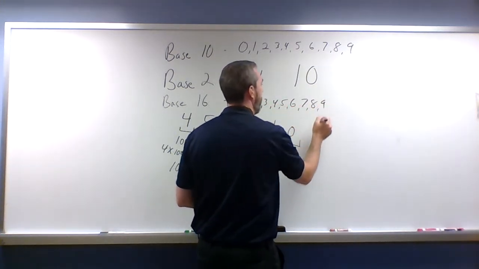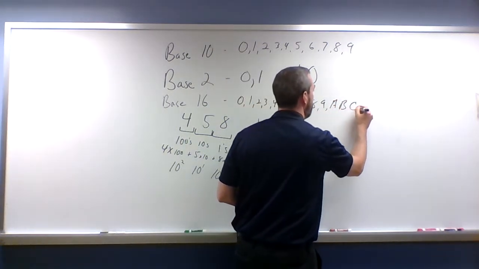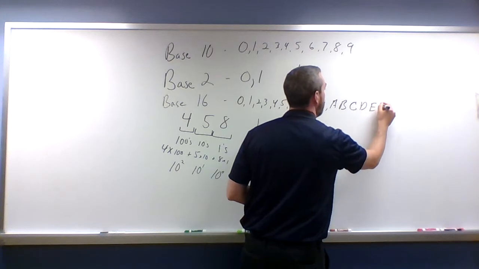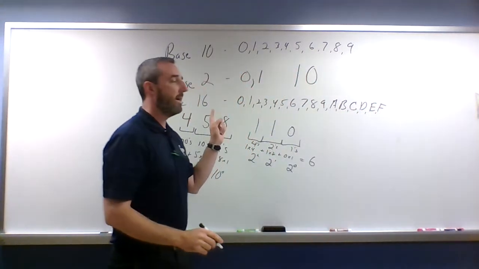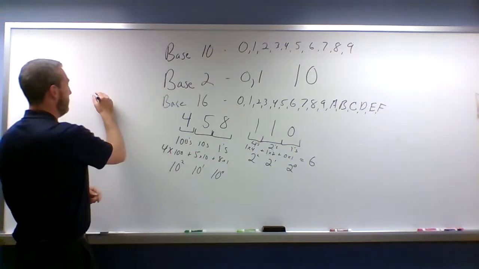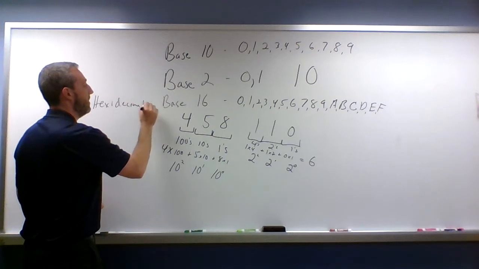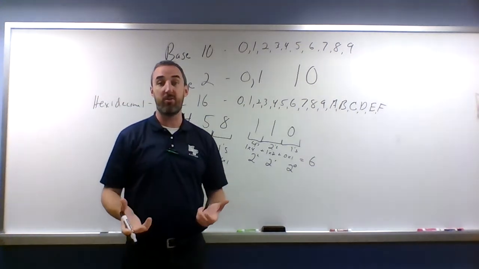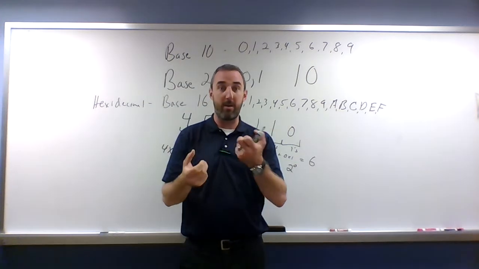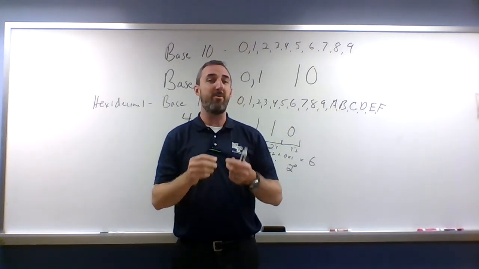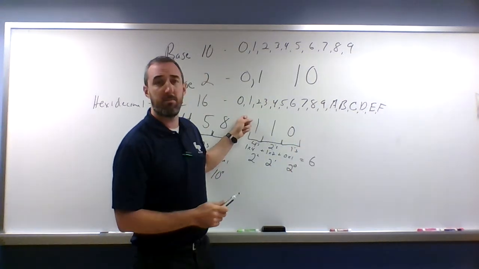And then once we use up all those numeric symbols, we go to A, B, C, D, E, and F. A really common place for using this system, which is called hexadecimal, is when you're storing colors on, say, a web page. Colors are always made up of a red, a green, and a blue value. And rather than have a long string of numbers to say which color you want, we use hexadecimal digits.